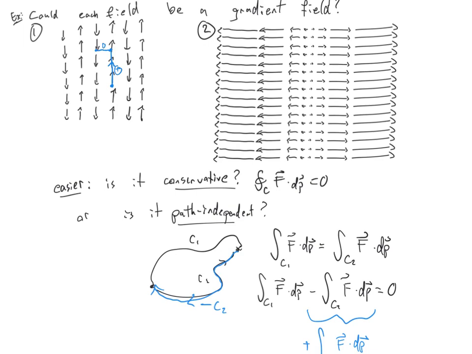This part here is going to give us zero flow because we're moving perpendicular to the direction of flow. Then at this point, we're moving with the flow again if we go south, so that will give us more positive flow. And then we can turn and sail back, and we get zero flow on those sideways moves.